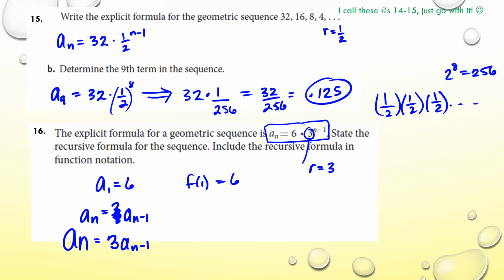Okay? So f of n would be the common ratio times the term before it, f of n minus 1. So going back to recursive, so that was back a few problems before this, the recursive formula. It's the ratio times the term before it.